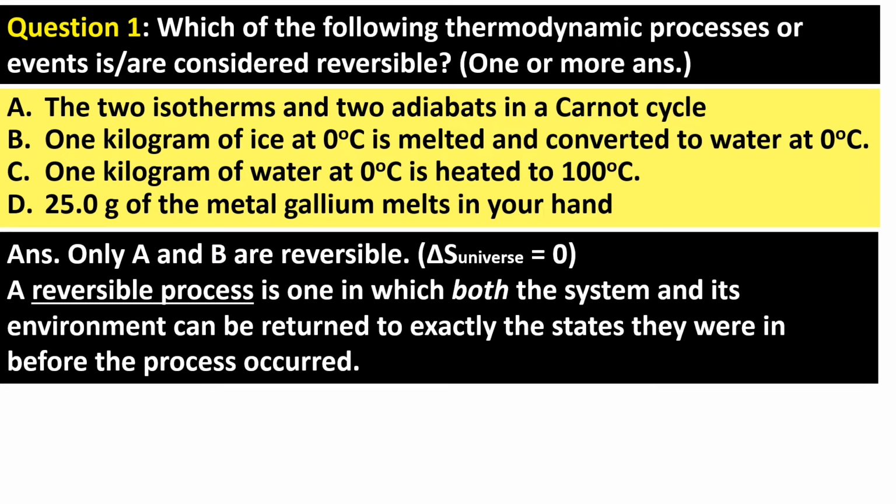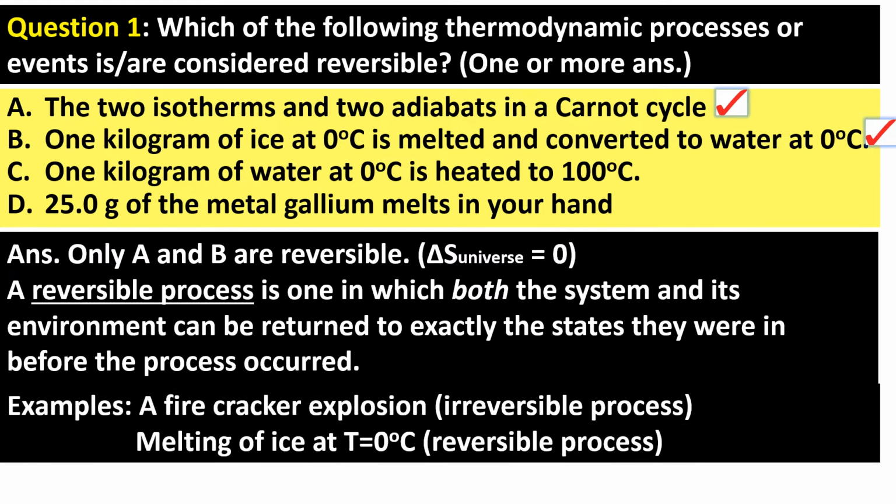Okay, so letter B: when ice melts without changing its freezing temperature, which is 0 degrees Celsius, that also illustrates a reversible process, because it is possible to freeze back the melted ice as if nothing happened. The two processes, melting and freezing, are reversible. So we illustrate that in our examples.